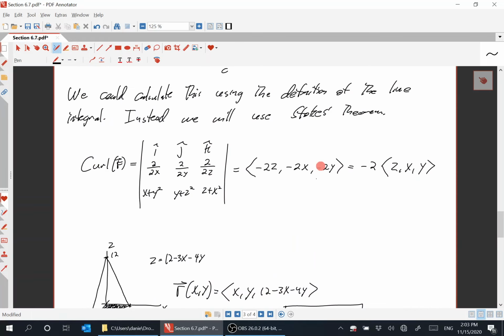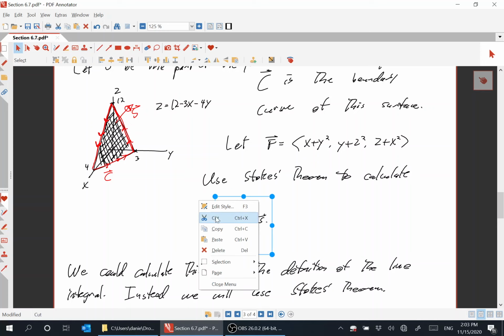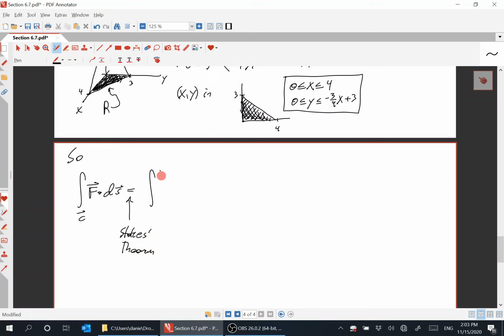Okay? So, remember, what are we calculating? We're calculating the line integral, which is equal, by Stokes' theorem, to the double integral over S of f dot dS.